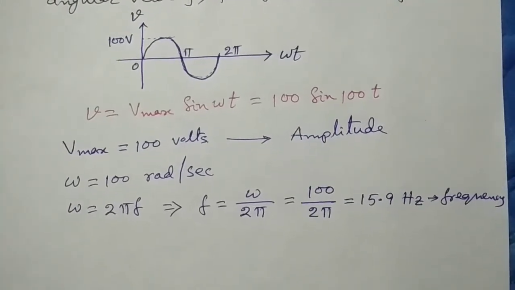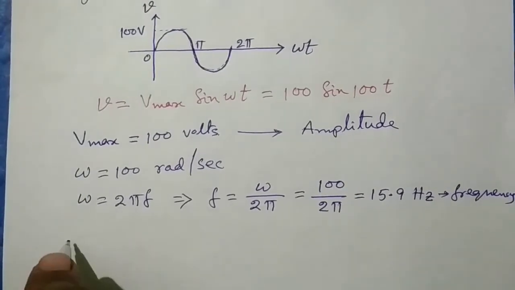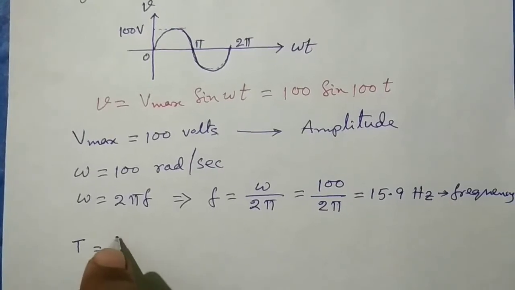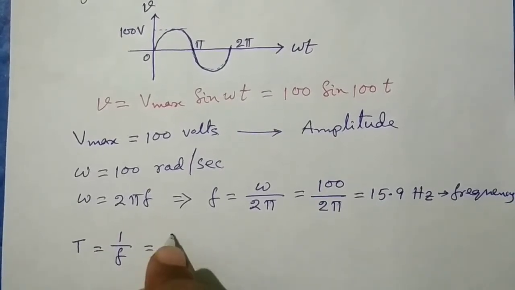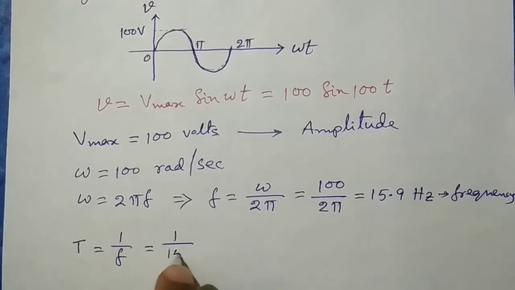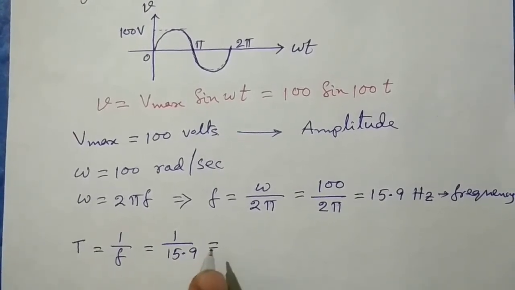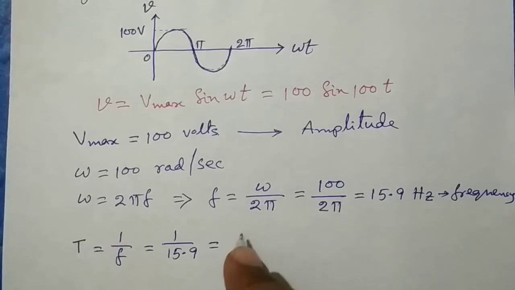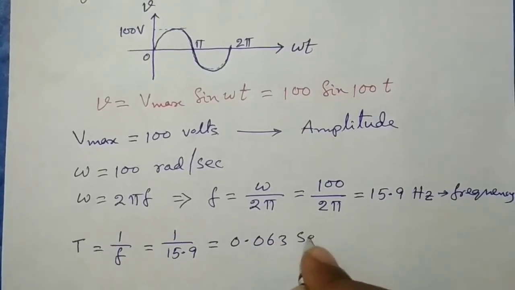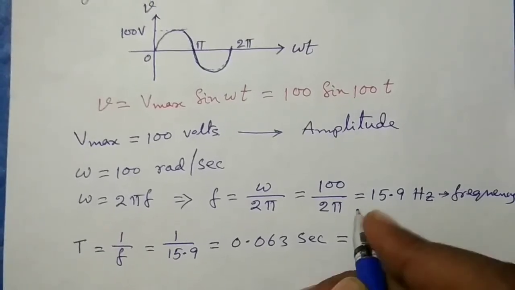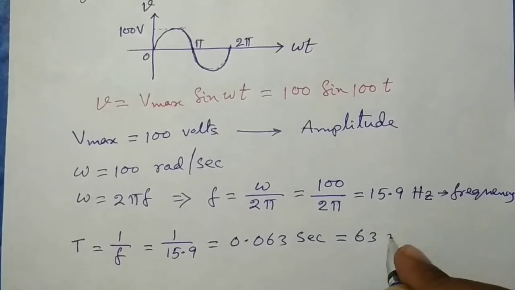The next step is the time period. We know that the time period is 1 upon frequency. So put the value of f and we'll get the time period as 0.063 second, or we can write 63 millisecond.